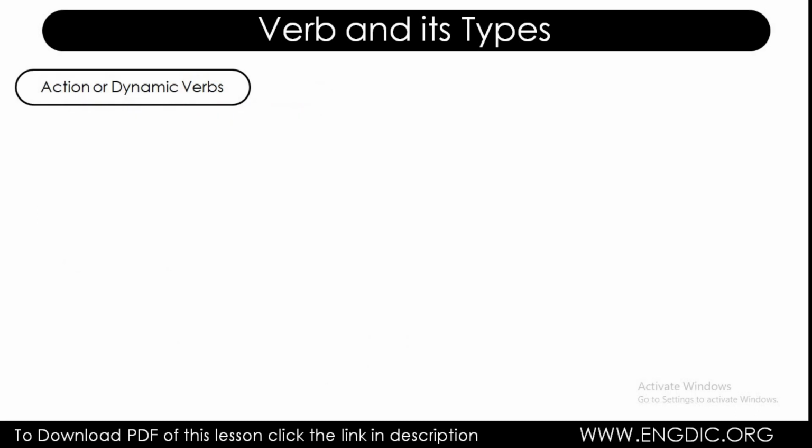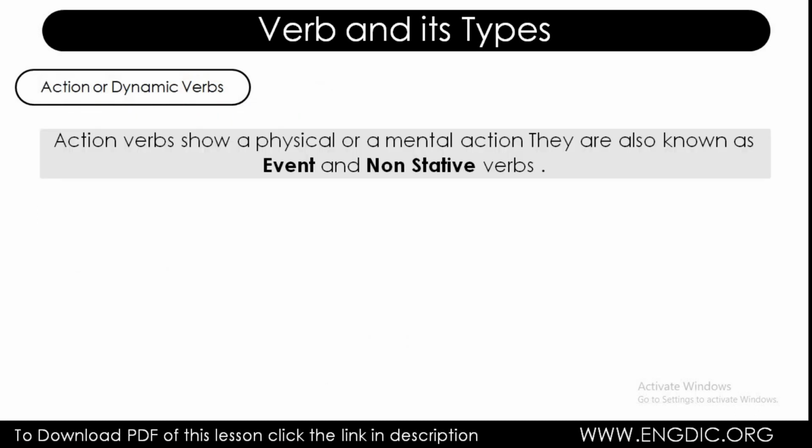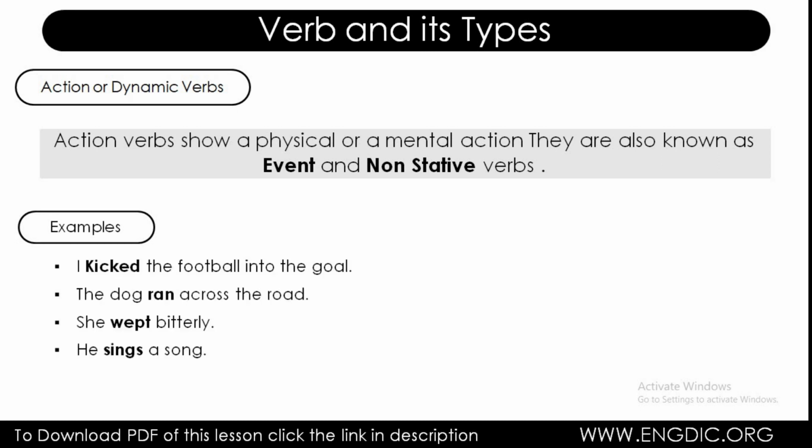Moving towards the next type, which is action or dynamic verbs. Action verbs show a physical or a mental action. They are also known as event or non-stative verbs. For example, I kicked the football into the goal.